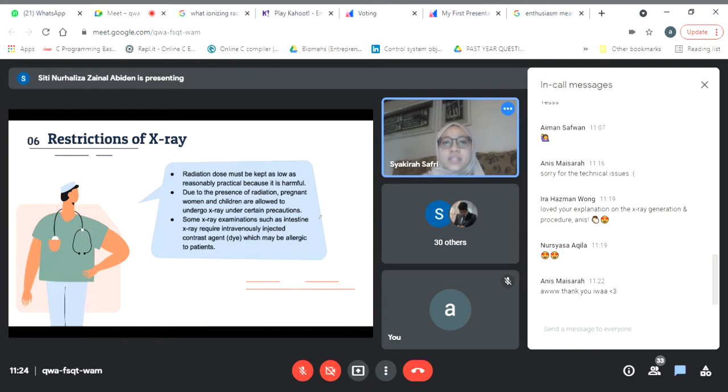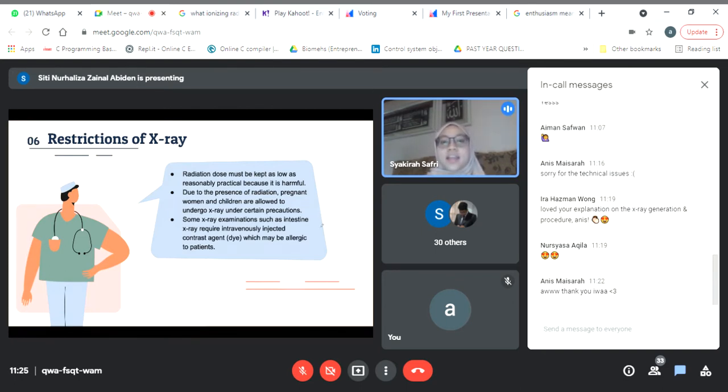Radiation is one of the restrictions of the X-ray, but it is used for everyone because the radiation dose is kept as low as possible. However, due to the use of radiation, there are some precautions that we should take when handling certain cases, such as pregnancy and also X-ray for children.